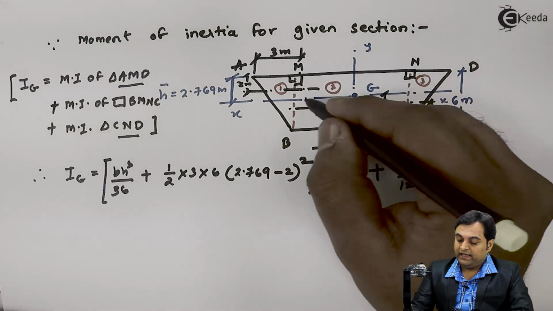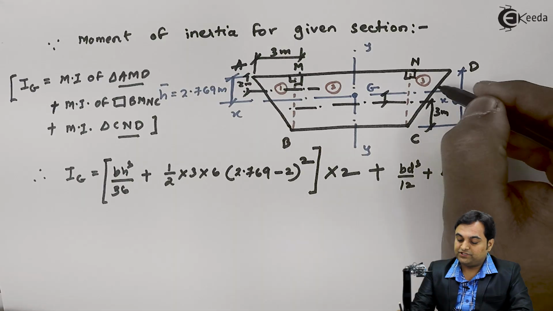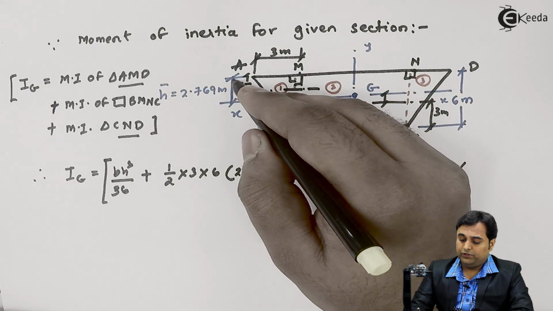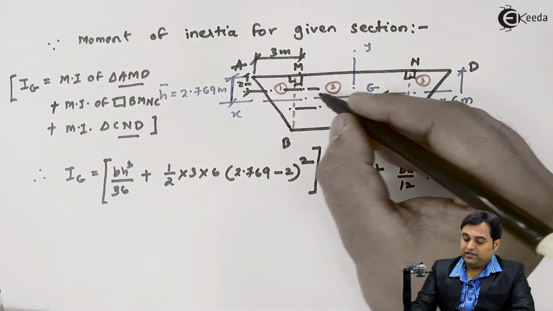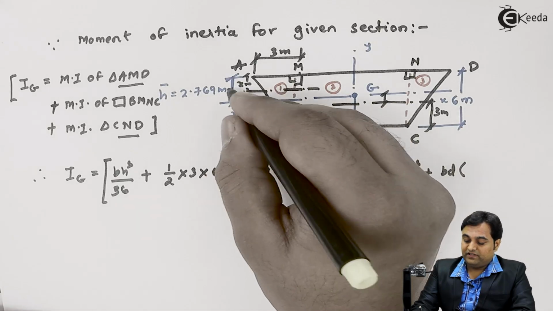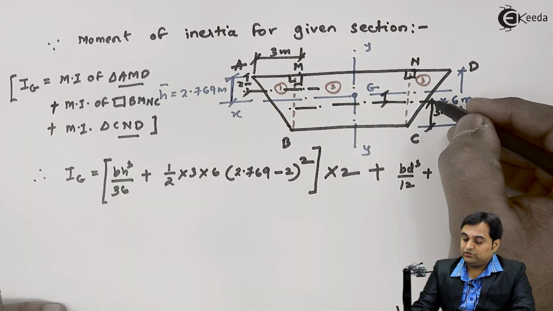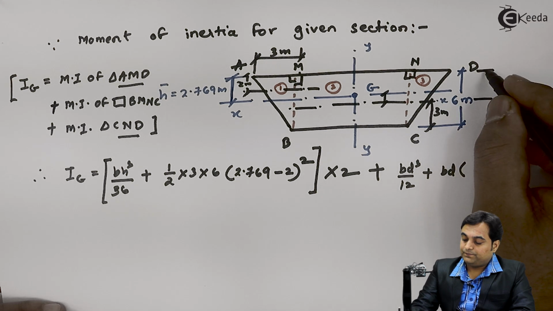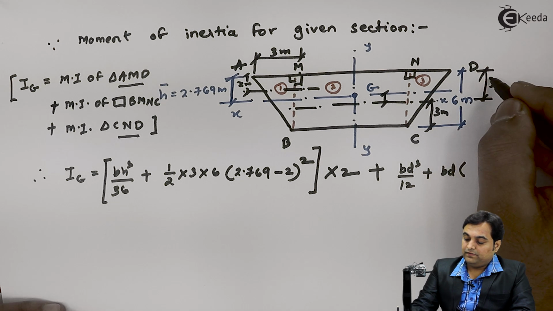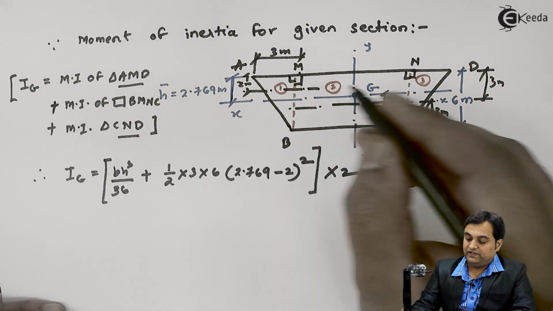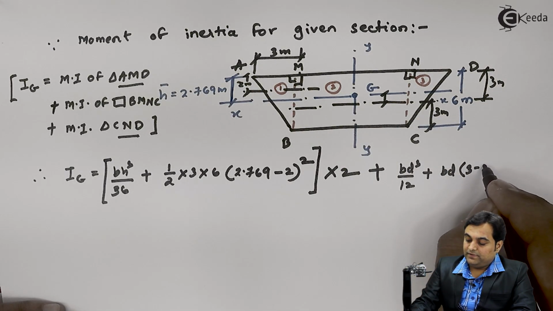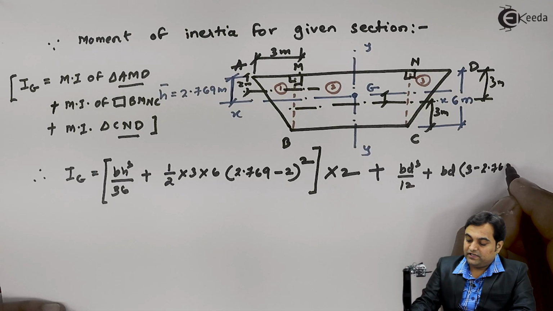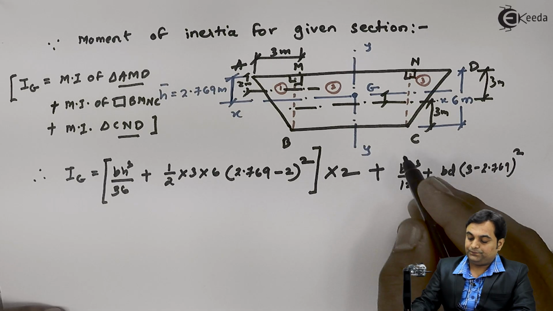As we know, the axis of the centroid of the trapezium section is 2.769 from the free surface, and from that same free surface the axis of the rectangle is at 3 meter distance. So it is 3 minus 2.769 whole square.